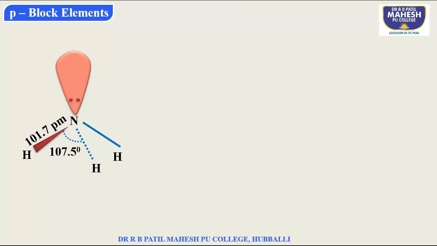Out of 4 sp3 hybridized orbitals, 3 contain a single electron each, while one contains a lone pair of electrons. So this is the sp3 orbital where you can see the lone pair of electrons. The remaining 3 sp3 orbitals overlap with the s orbital of hydrogen. Expected shape is tetrahedral, but due to repulsion of lone pair and bond pair, the shape changes to pyramidal in nature.